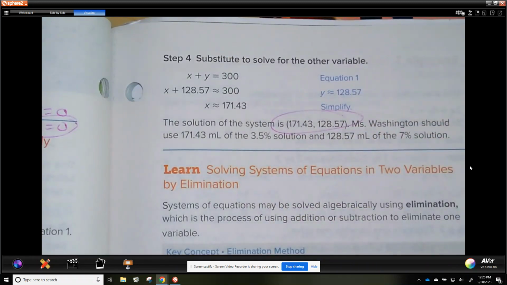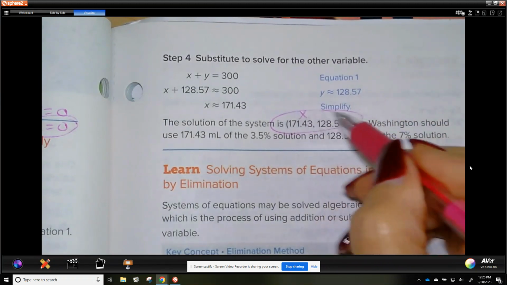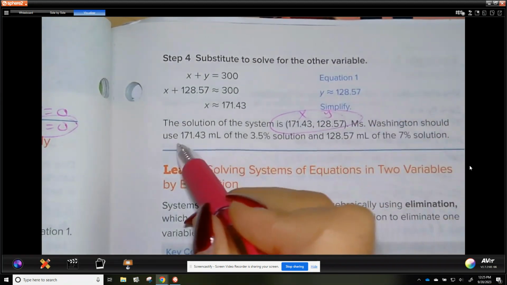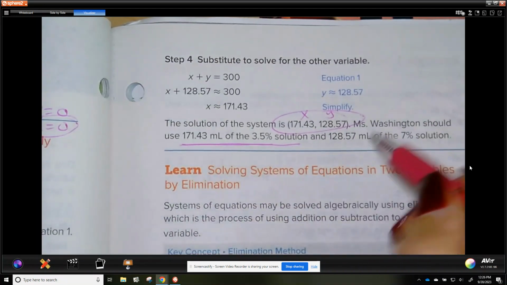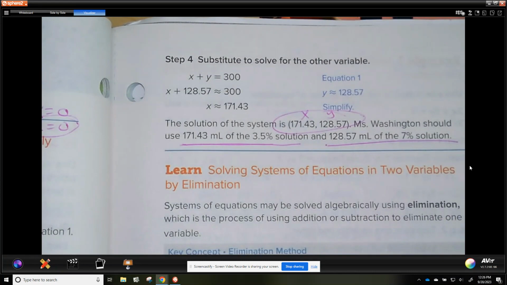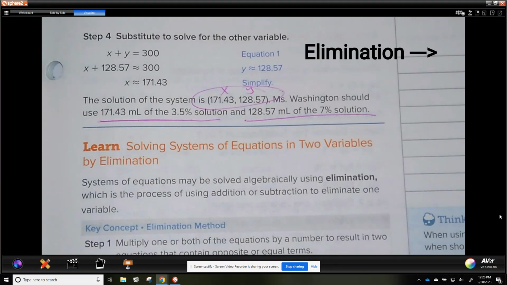There's our, oh, they said 5.7. I rounded to 6. There's our X, there's our Y. That is 3.5% solution is X, and there's our Y. Okay, that is substitution.